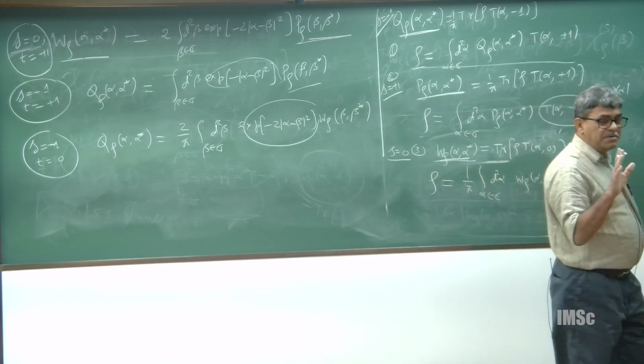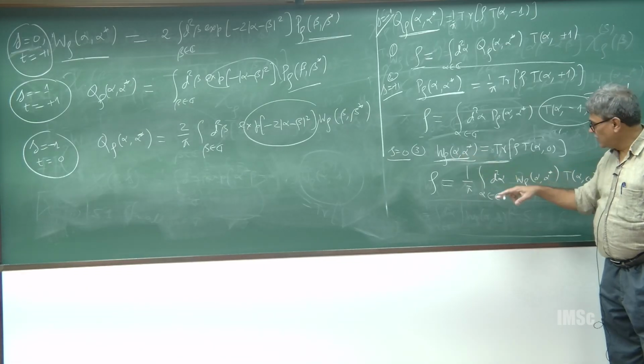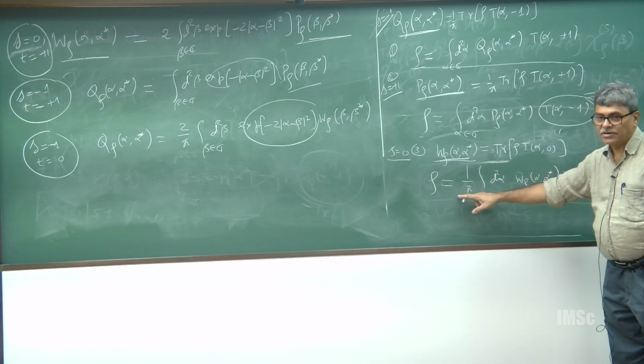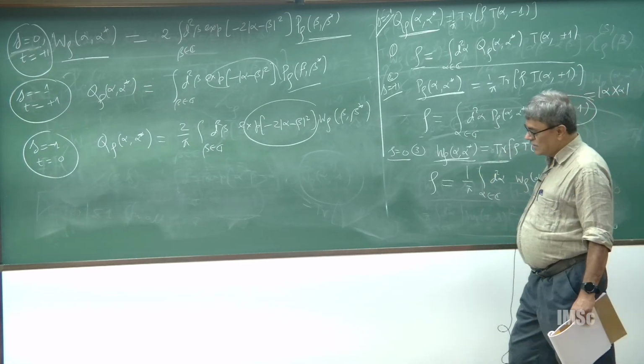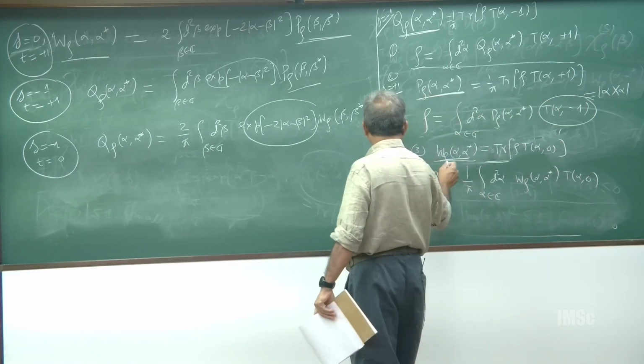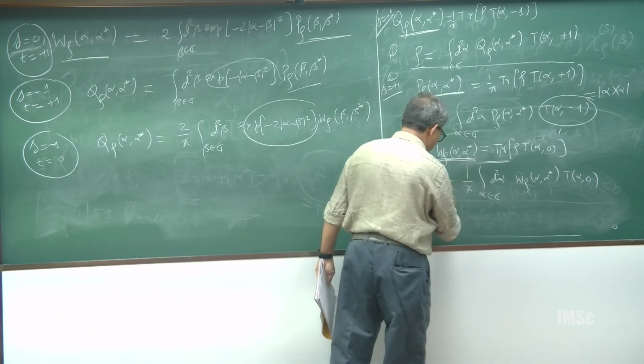On the other hand, if by some means I can figure out the Wigner function for all values of alpha, then I can figure out the density matrix. So basically it tells you that this is an equivalent representation of your density matrix.